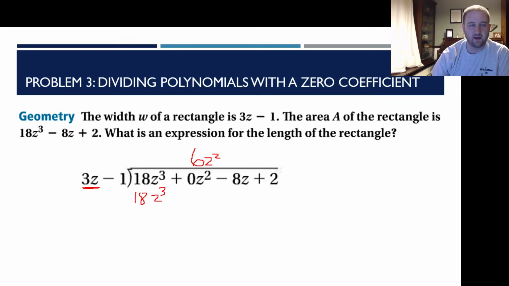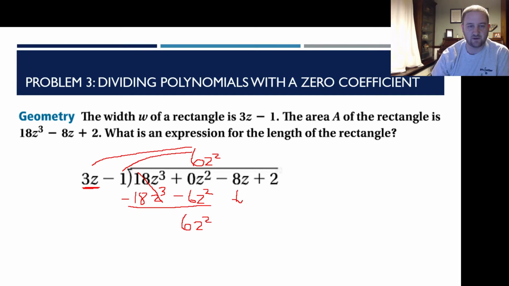Now we need to do the same thing: 6z squared times minus 1 is minus 6z squared. And now we're going to subtract these. These cancel out. 0z squared minus negative 6z squared is a positive 6z squared.